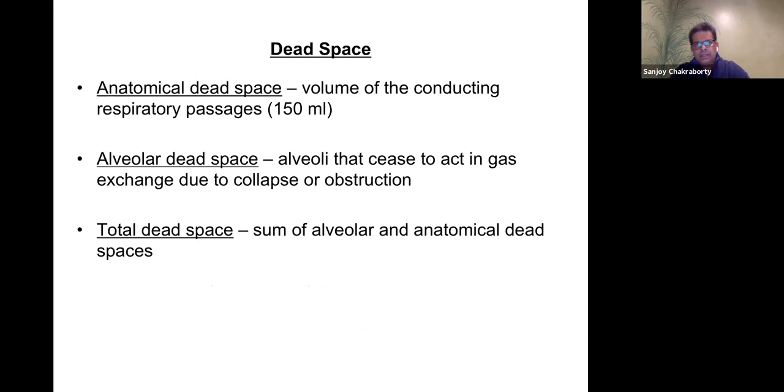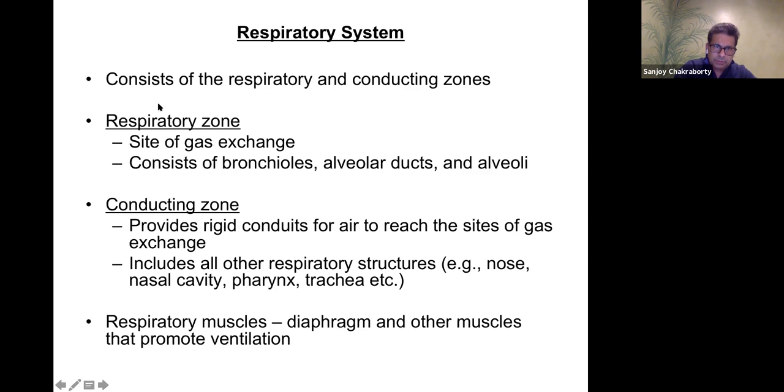In other words, the air that is stuck in the conducting zone structures has no function. That means it has no physiological role per se, because it is not involved in gas exchange. Gas exchange takes place only at the bottommost part, the respiratory zone, not in the conducting zone.